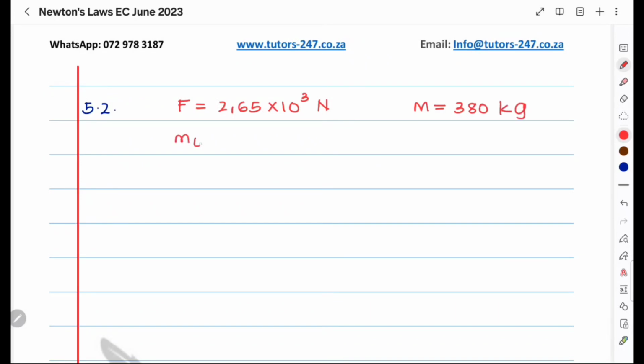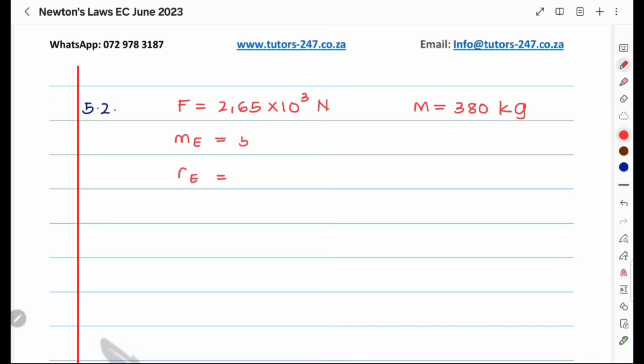We have the mass of the Earth, that is a constant, and we also have the radius of the Earth, that is a constant. Keep in mind when it comes to constants, all you're going to do is go to the back of your exam paper and look at the table of constants. You will find your values there.